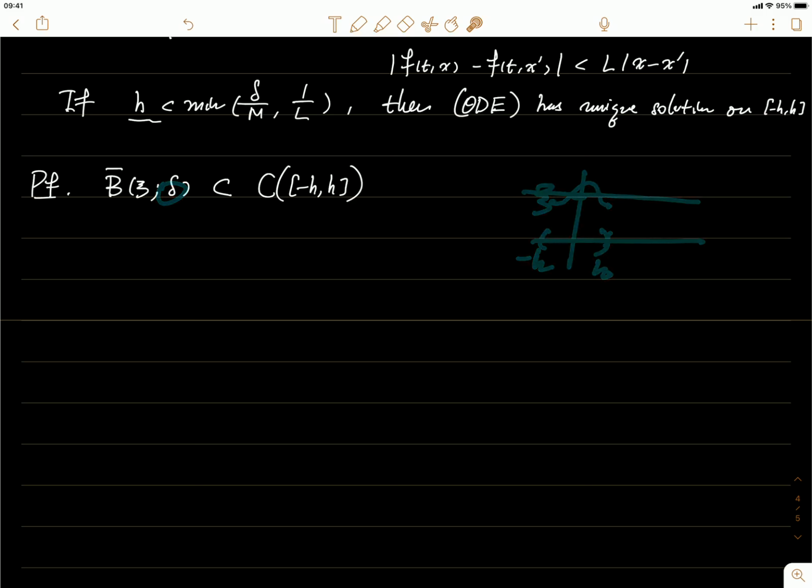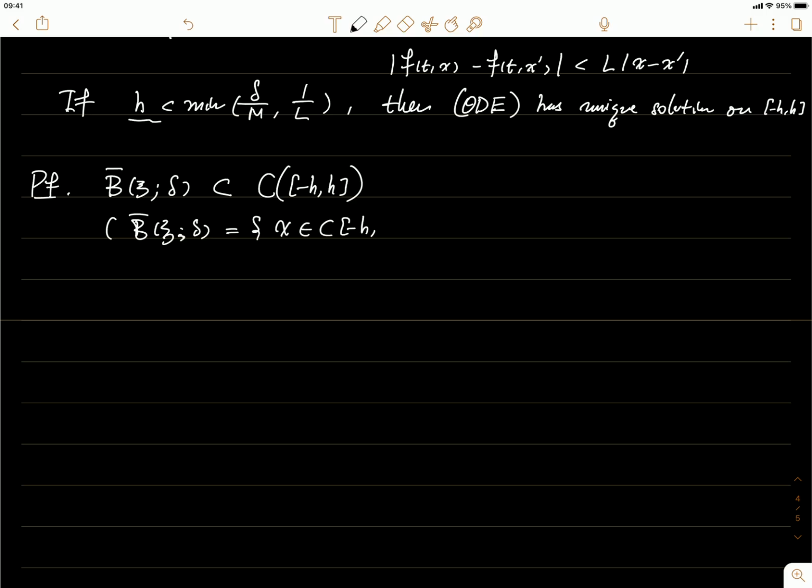That's what this ball means. It's a closed ball right here. So if I write it formally, it's the set of functions x such that the absolute value of x(t) minus C is less than or equal to delta for any t in this interval. This is what this means.